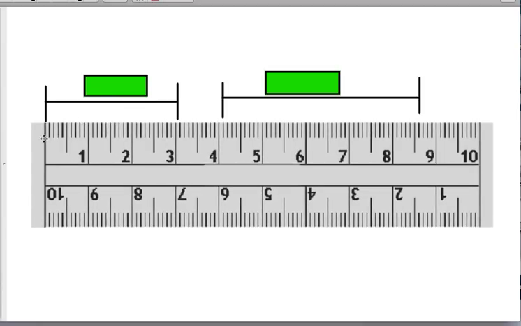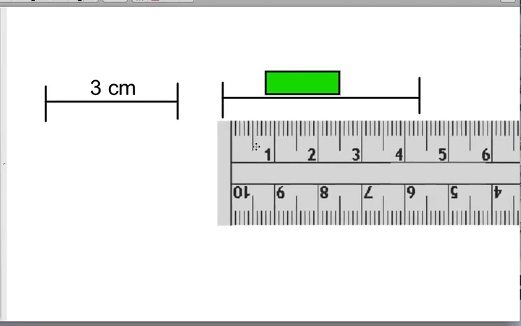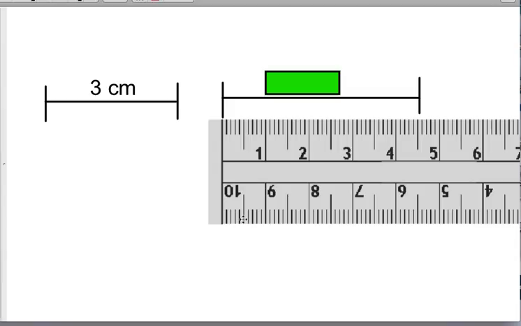So if we measure, we see that we have 1, 2, 3 full centimeters, so that measurement would be 3 centimeters. If we take our ruler and we measure over here, we line up starting with our first unit, we see that the measurement goes all the way up to 4 and then 1, 2, 3, 4, 5 millimeters. So this would be 4.5 centimeters, okay?